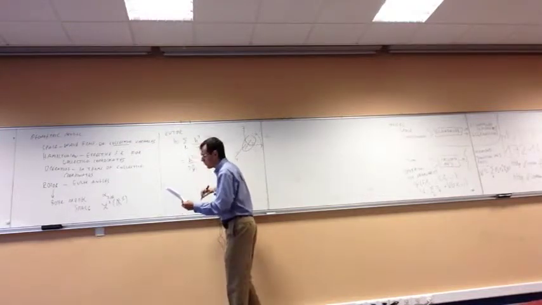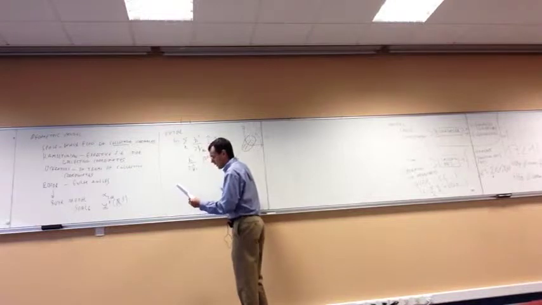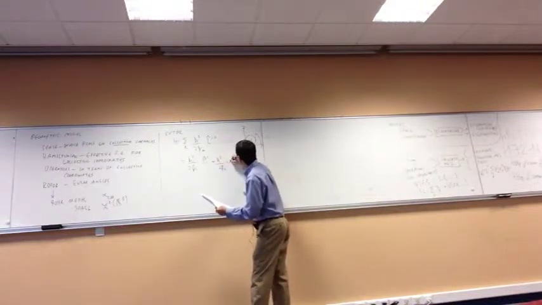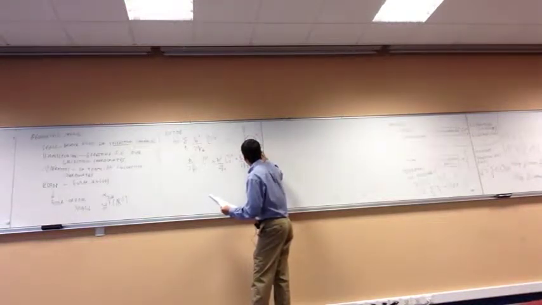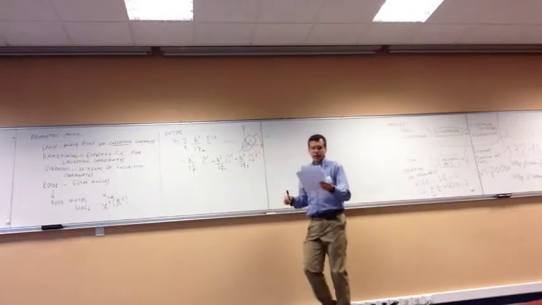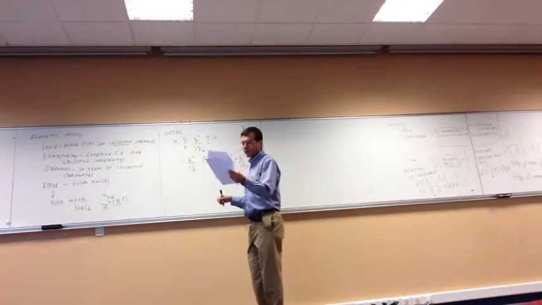Okay, so what are we going to do with this Hamiltonian will be our question. Can we make any sense out of it? There are a couple of cases that will be significant.